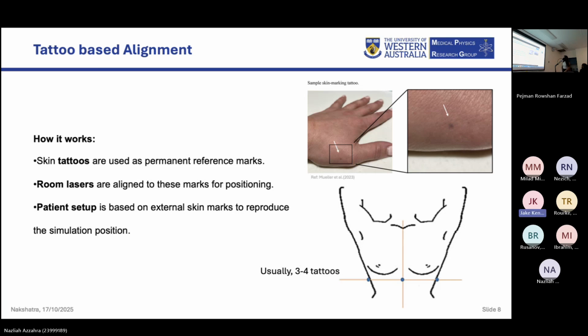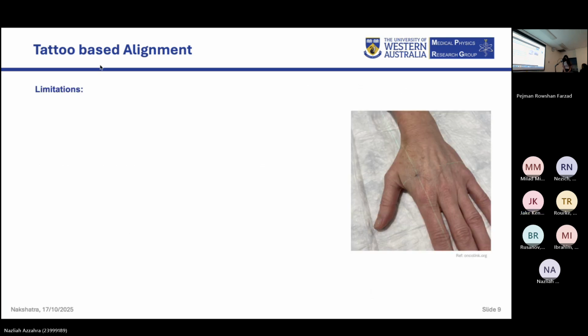That is an example of the skin tattoo. It's just a small dot. In the bottom picture, the number of tattoos varies a lot between different institutions, but usually it's 3 to 4 tattoos, and also based on what type of breast cancer it is. That's the alignment of the tattoo using lasers.